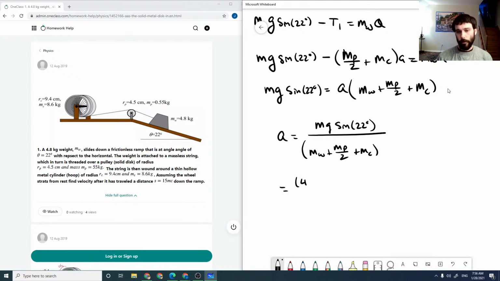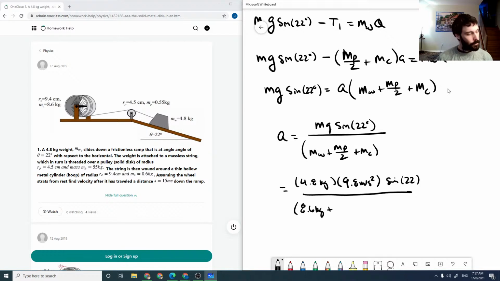or it's equal to 4.8 kilograms times 9.8 meters per second squared sine of 22 over the mass of the weight, which is 8.6. Mass of the pulley is 4.8. Or mass of the cylinder, sorry, is 4.